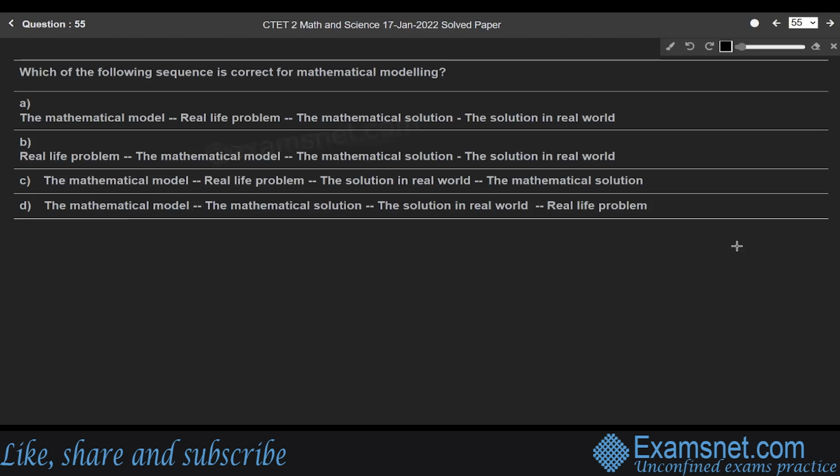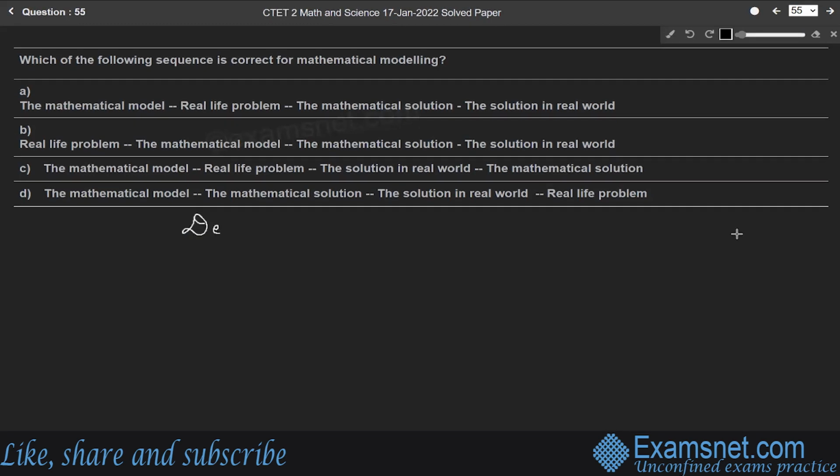Question 55. Which of the following sequence is correct for mathematical modeling? So, a mathematical model is a mathematical relation that describes some real life situation.